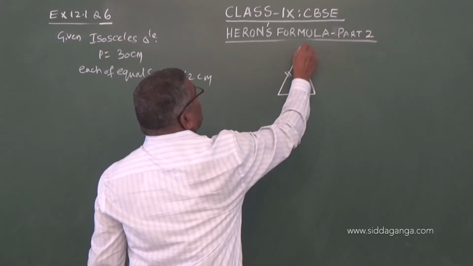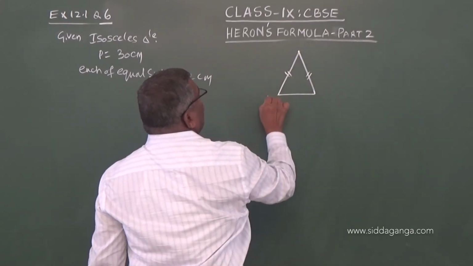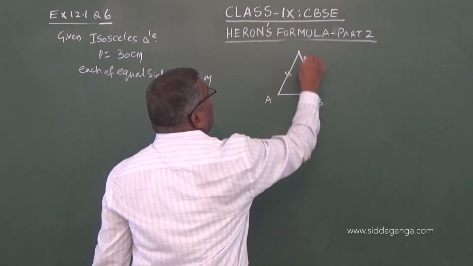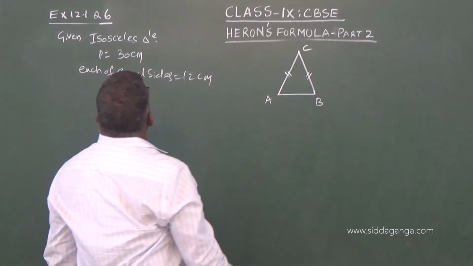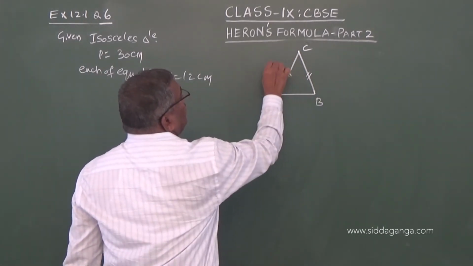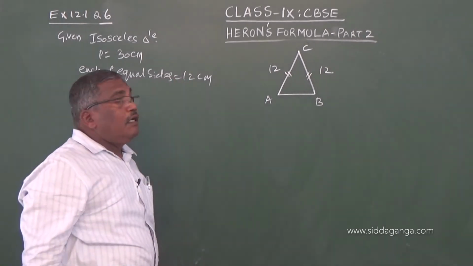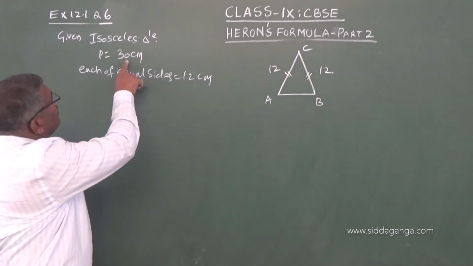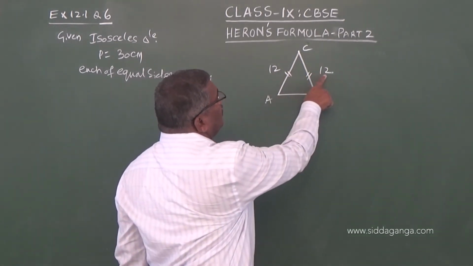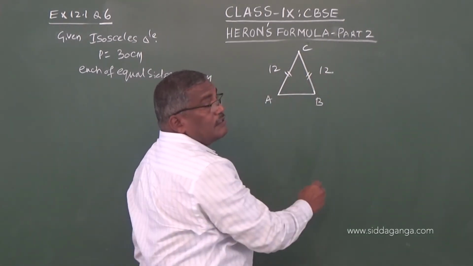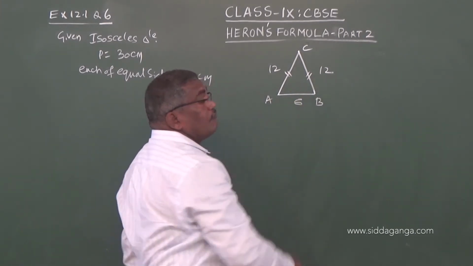It is an isosceles triangle. This is, say, A, B, C. AB and BC are given as 12 centimeter each, and also one more information is perimeter is 30. So that means 12 plus 12, 24, plus it must be 6.